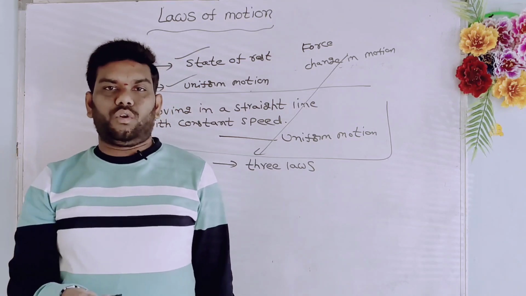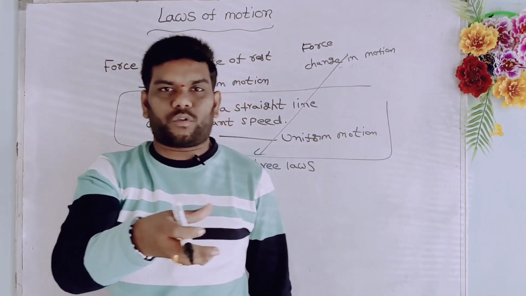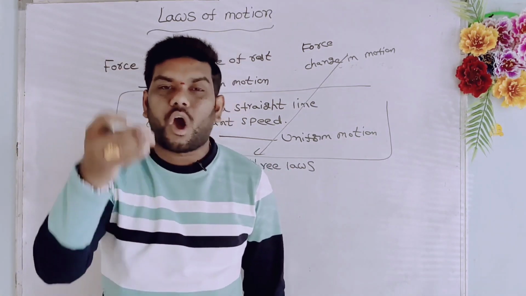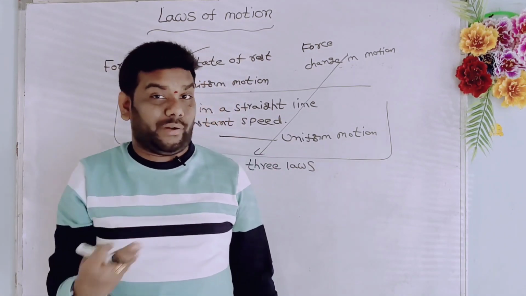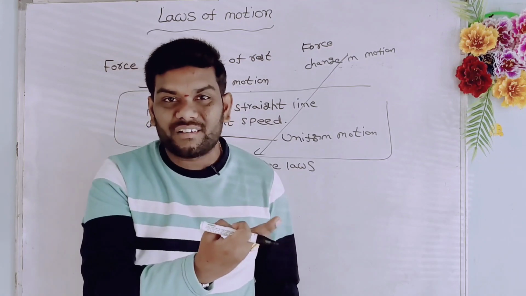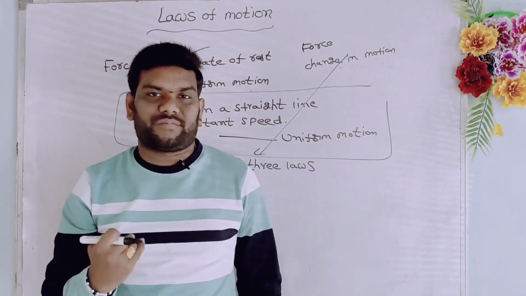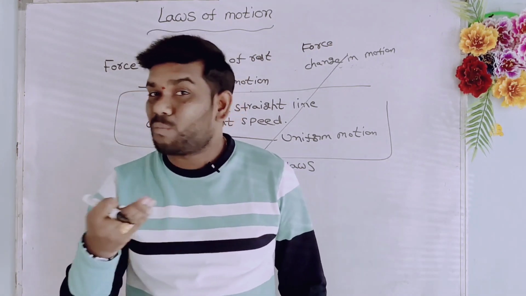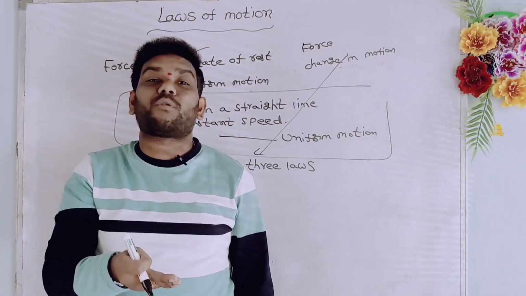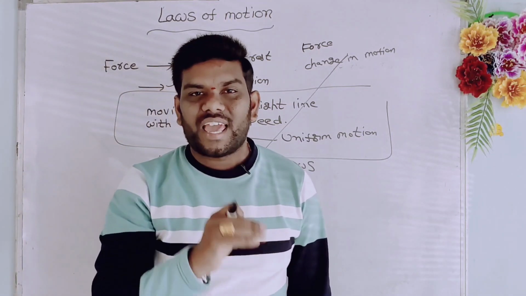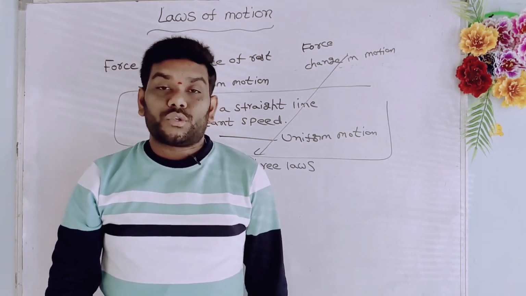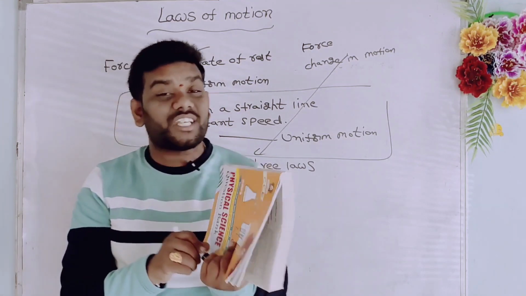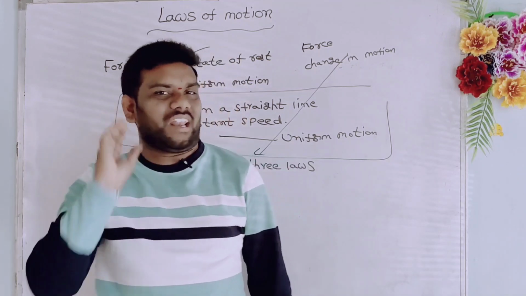For example, we apply a force on an object, which may be at rest or moving. That means a change in motion. A body at rest may start moving, and a moving body may come to rest. Anyway, some force acts there. So the relation between force and change in motion is called Newton's laws.